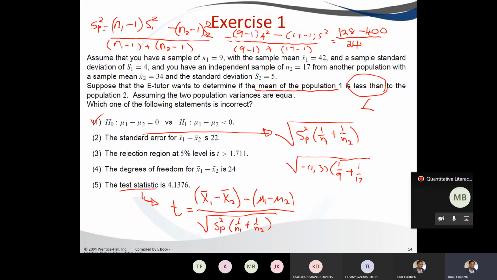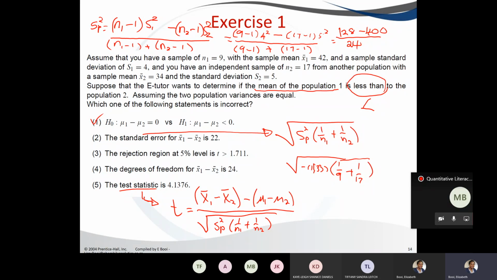What was the answer? You can post it on the chat so that I don't have to go calculate. Okay. Nobody calculated it. So we can calculate it quickly.